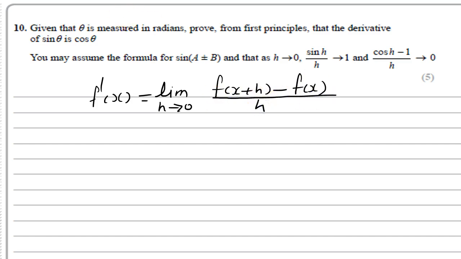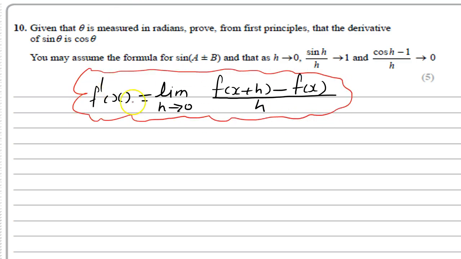This is what we are going to use here. So let's start. It is f dash x, limit h tending to 0, f(x plus h). So here f(x) is sine theta, right?